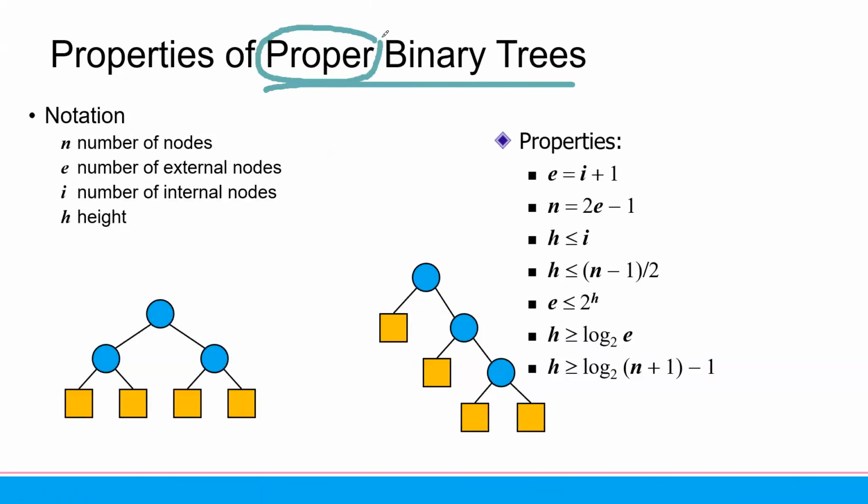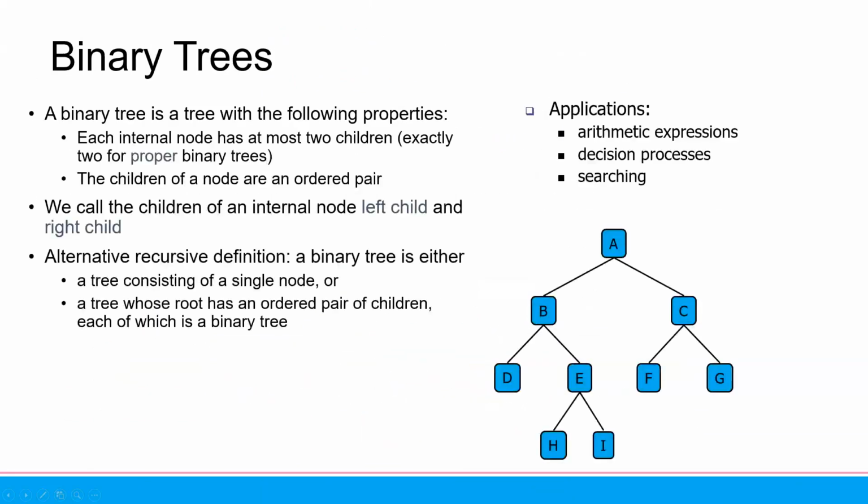Proper means exactly two. So if the internal node has exactly two children, then it is a proper binary tree.